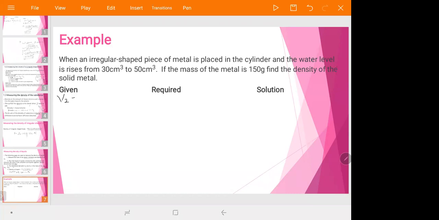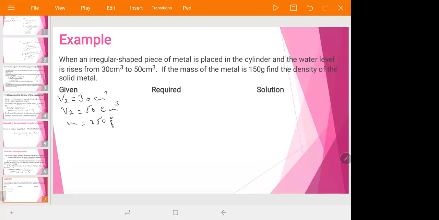Mass. Volume 1, 30 centimeter cube. What about volume 2? 50 centimeter cube. What about mass? 150 gram.